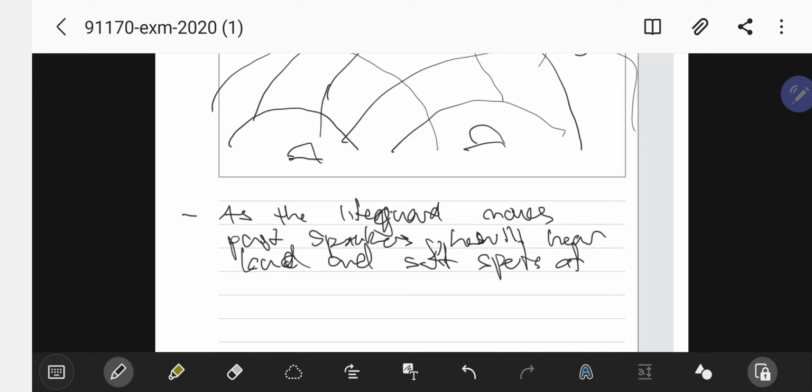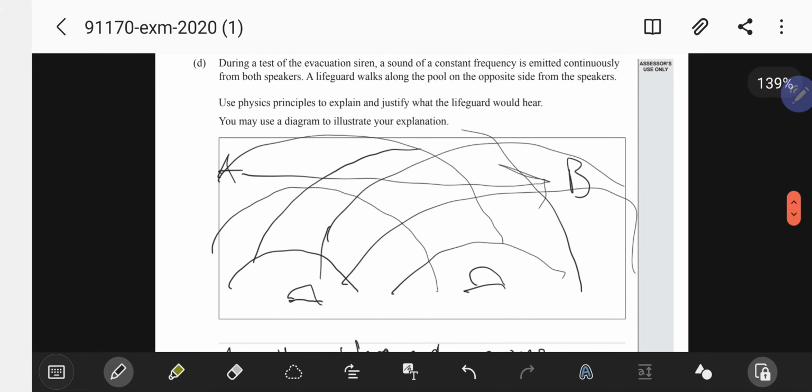So at some points it's going to be quiet, and at some points it's going to be loud as he walks along here, because at some points there's constructive interference and destructive interference.